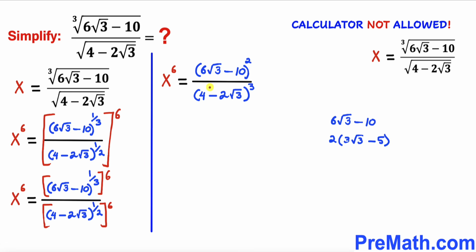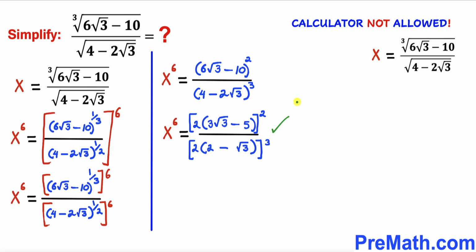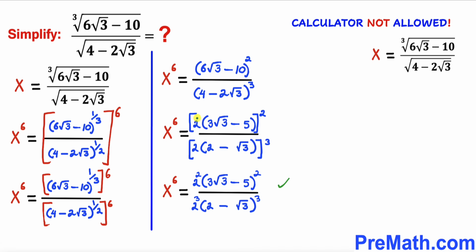And likewise we are going to focus on this part inside the parentheses at the denominator. Here I have copied down this whole part right up here. And now we can see 2 is in common. So we can write 2 times 2 minus the square root of 3, as you can see in this next step. And now in this next step I have put down 2 power 2 over here and then this whole power 2 over here.